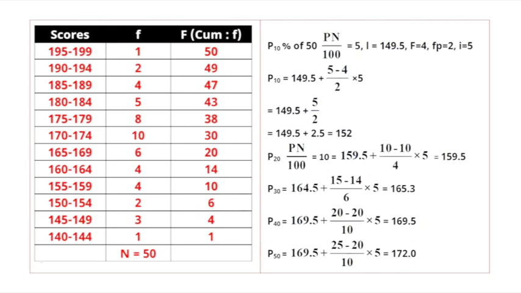As you have seen in that frequency distribution, we explained how to prepare this data. The respective frequencies will start from the upper side, 195 to 199, not from the bottom. They are 1, 2, 4, 5, 8, 10, 6, 4, 4, 2, 3, 1 and the total size is 50.